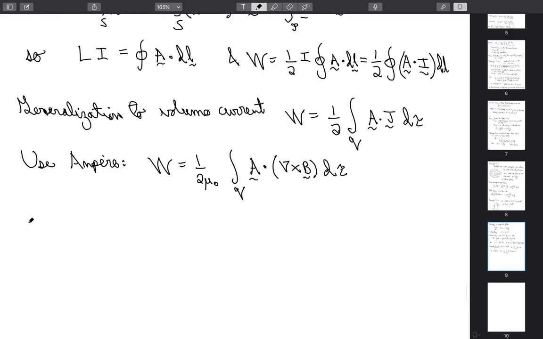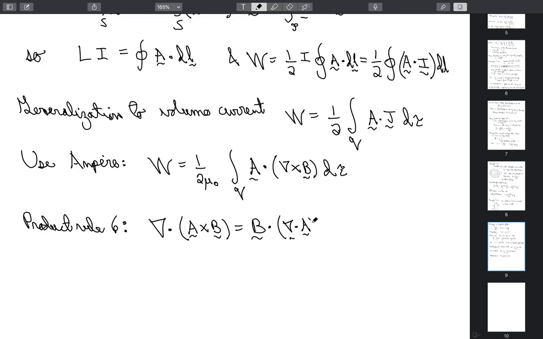And now what I can do is use one of the product rules, which in Griffiths's inside jacket cover is product rule 6, which is that the divergence of two vector fields crossed into each other is the second one dotted into the curl of the first vector field minus A dotted into the curl of the second.